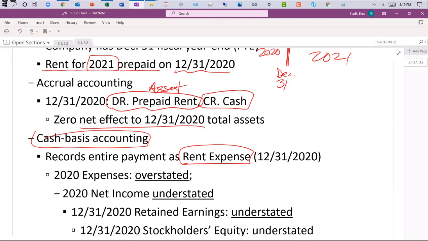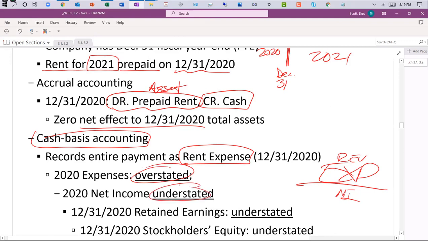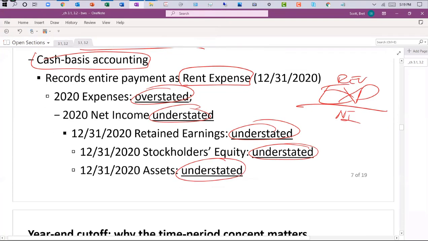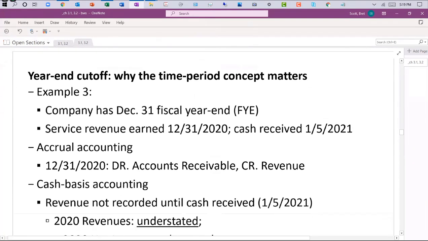But because we're cash basis people, we're going to go ahead and record the expense right now in 2020 when we pay it out. So imagine revenues are fine. We have this huge expense, which means we have itty bitty net income. Expenses are too high. Net income, therefore, is too low. Retained earnings is too low, et cetera, et cetera. Things are really looking messed up when you're a cash basis person.